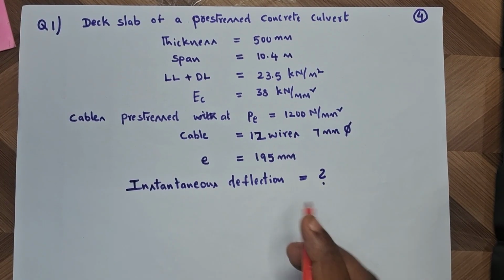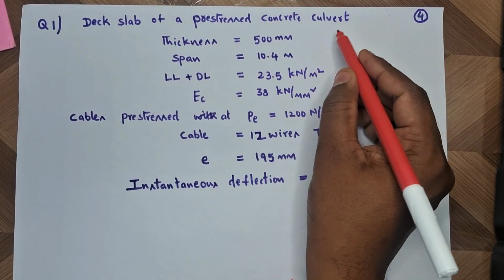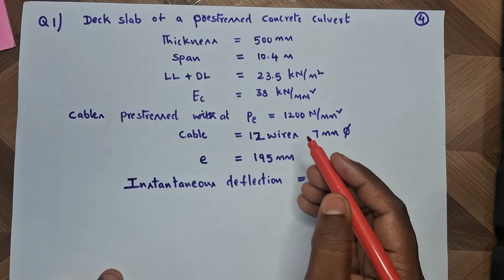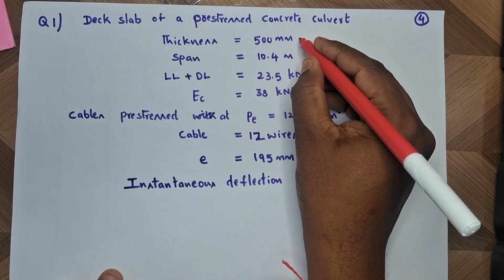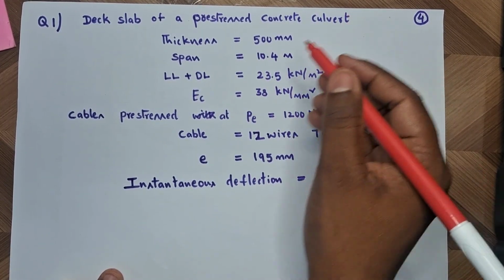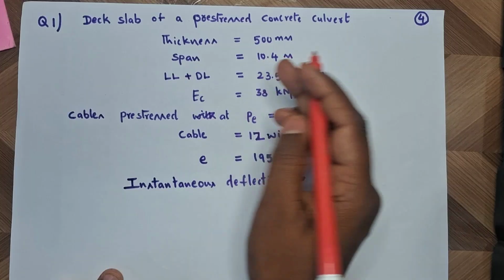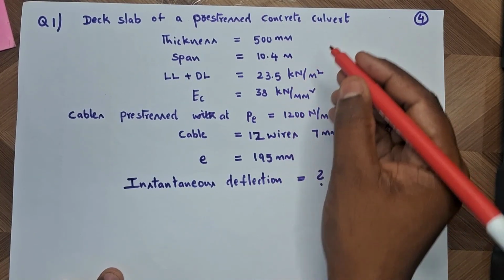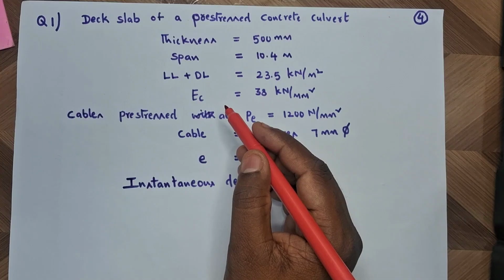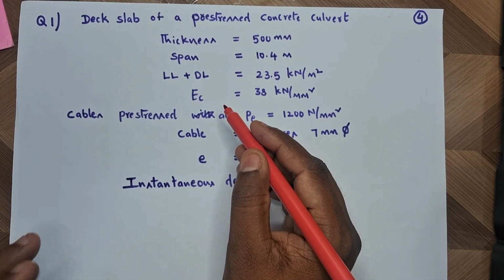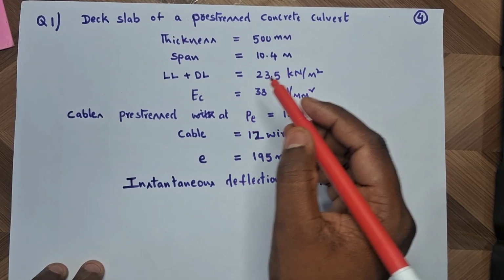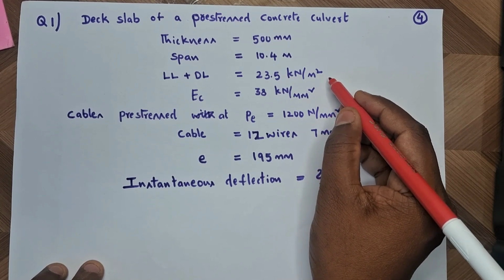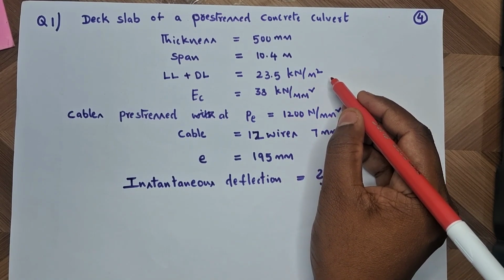See, the deck slab of a prestressed concrete culvert is made up of a slab of thickness 500 mm, and this slab is spanning over 10.4 meters, and it supports a total UDL of 23.5 kN per meter square, including dead load as well.